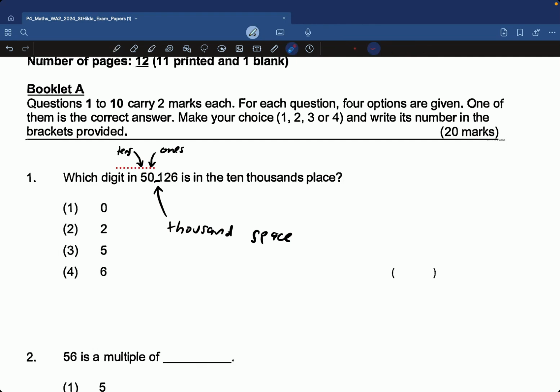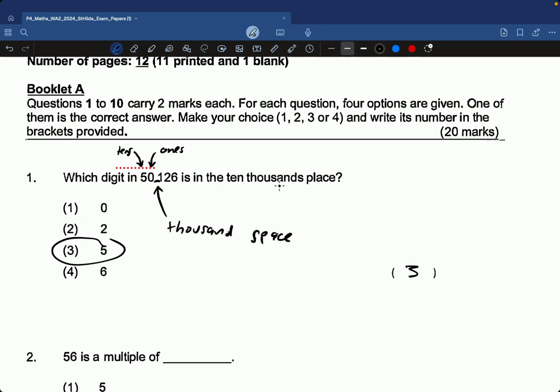So for example, if the number 1 is over here, we will just put here 1,000. But if the 5 is over here, that means it's in the tens place. That means it's in the 10,000 place. So 5 over here is in the 10,000 place, which is, in this case, the answer is number 3.